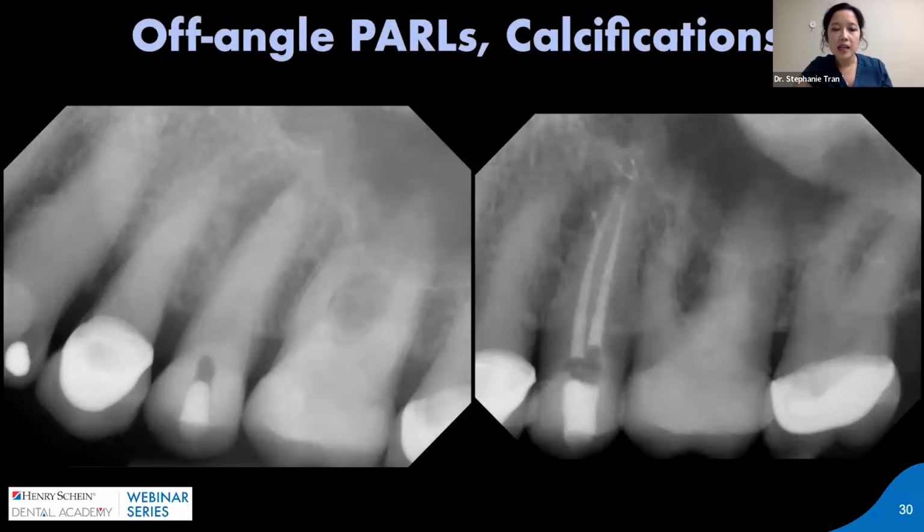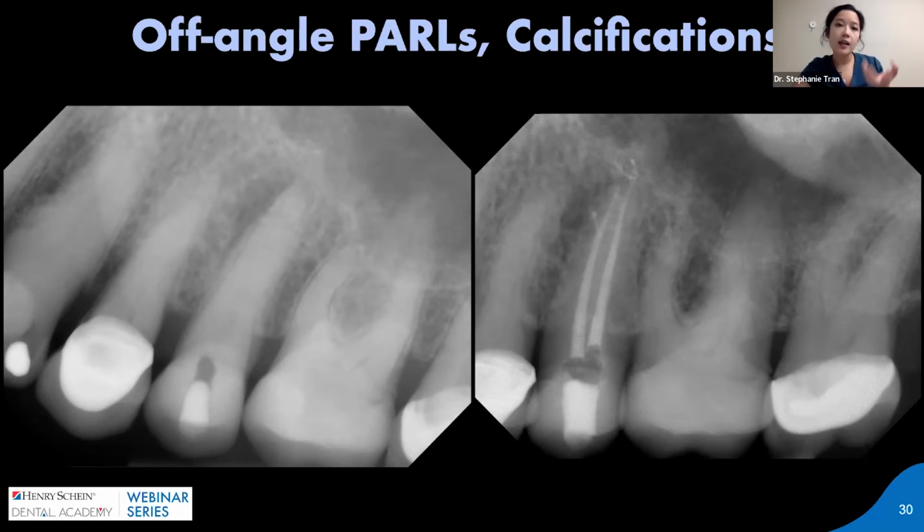And then when we take the radiographs, we're going to be looking at not just the roots, not just the PDLs, but at the radiolucencies associated with the tooth. So for example, if there is an off-angle periapical radiolucency, we can see in this case it's not centered at the apex. It looks like it's to the side. That can tell you there's actually a lateral canal, and the necrotic tissue and the bacteria causing necrosis are causing a lesion in that area.